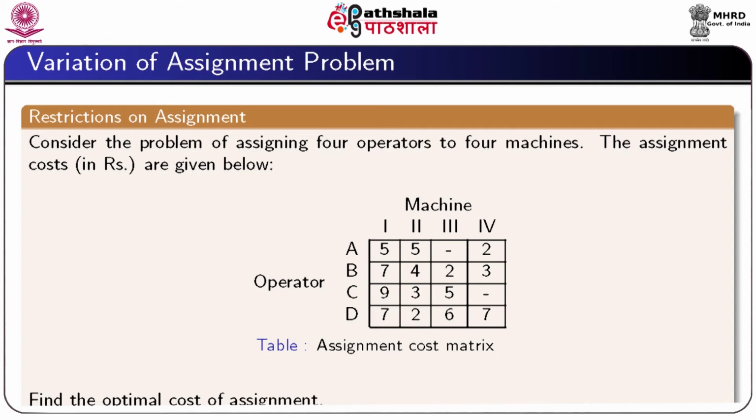We notice that operator A cannot be assigned to machine 3, and also operator C cannot be assigned to machine 4. To resolve this problem, we consider a large cost in these 2 cells and proceed as usual to find the solution of the assignment problem.